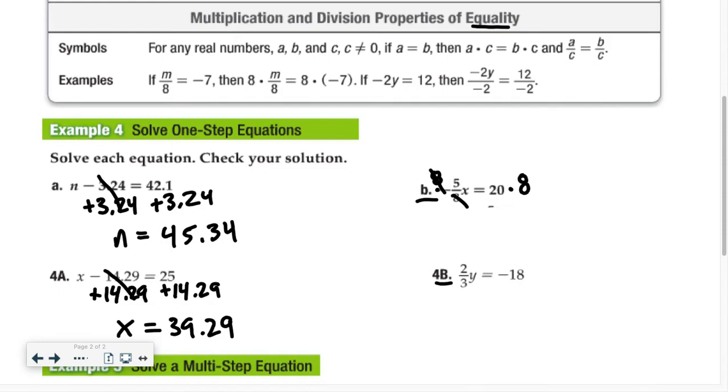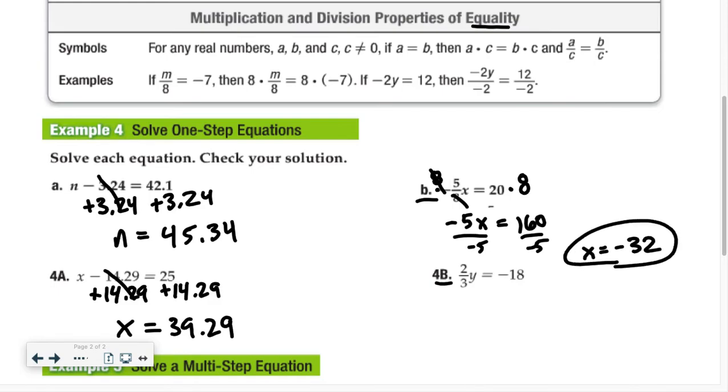And so if I multiply the left side by 8, I'm going to multiply the right side by 8. My left side would then just be negative 5x equals 160. I divide by negative 5. And I'm going to get x equals negative 32. Okay? I did that as two steps. I multiplied, then divided. Okay?